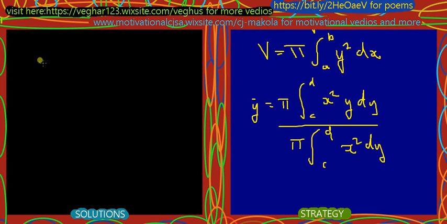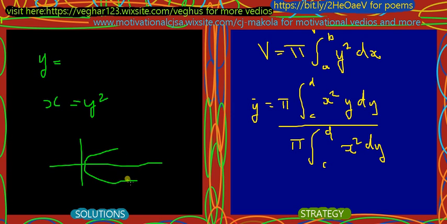Also, if they are giving you an equation which is stripped on the y-axis, like this, that means it's a y bar.